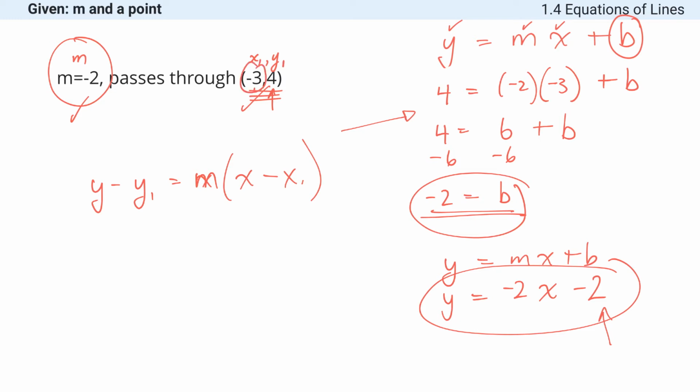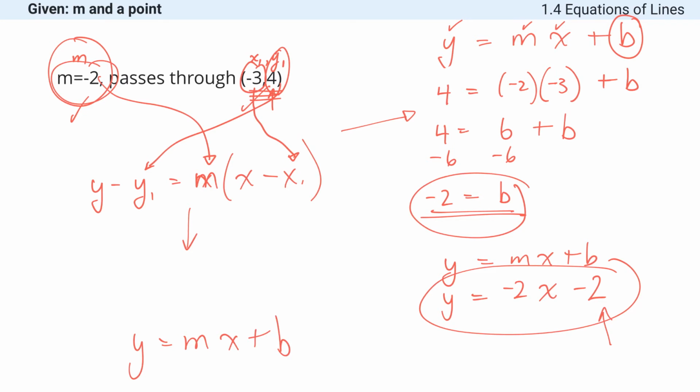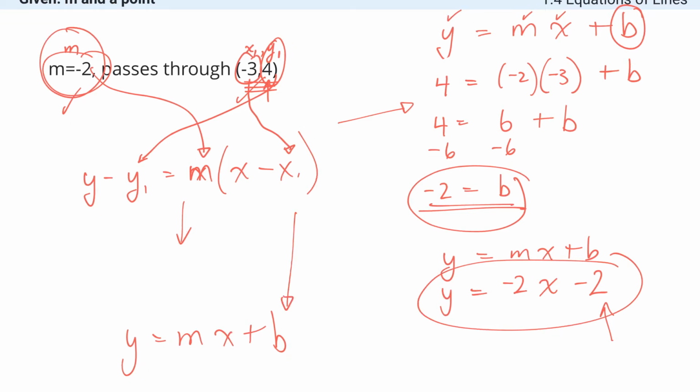So this thing here you plug in for x1, and this here you plug in for y1, and then your slope you plug in right there, and then you simplify the equation and make it look like this. So you don't directly find what the y-intercept is. It sort of comes out as you're doing that step.